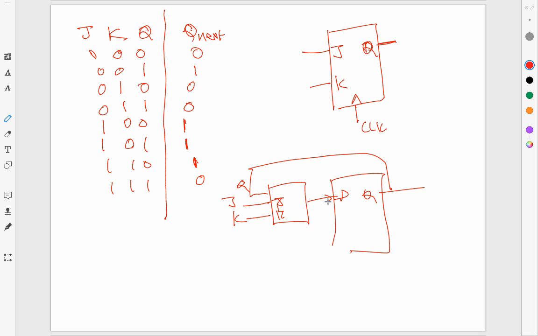Could you make a D flip-flop out of JK flip-flop? So I just showed you out here how using a D flip-flop I can make a JK. My question is, could you make a D flip-flop using JK flip-flops?